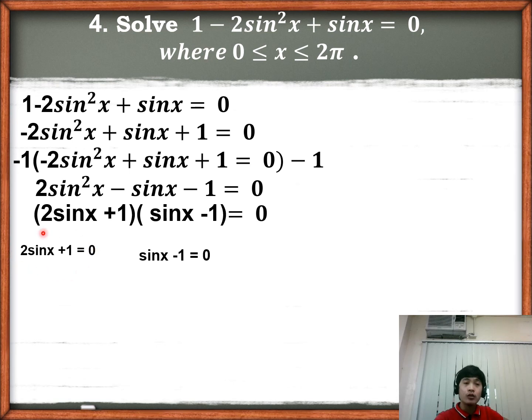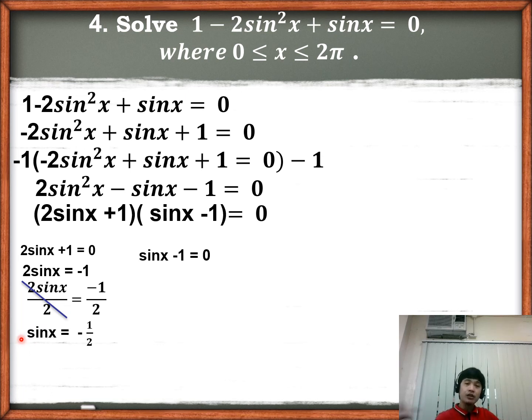Let's solve the first one step by step. We move 1 to the other side, so it becomes negative 1. Since we only want the value of x, we divide both sides by 2. 2 sine x divided by 2 equals negative 1 divided by 2. We cancel the 2, and we have sine x equals negative 1 half.